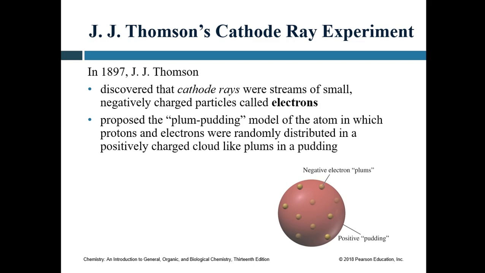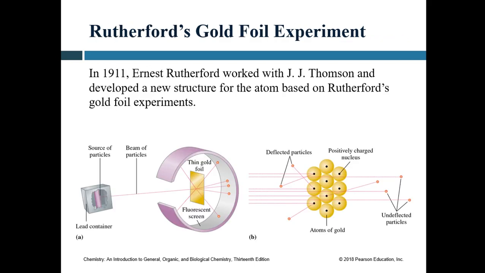We don't want to say that J.J. Thomson's claim to fame was that we all had TVs, but because of the cathode rays, one of the things was TVs. Ernest Rutherford worked with J.J. Thomson and developed a new structure for the atom based on Rutherford's gold foil experiments. They thought, okay, if they shoot this beam of particles at this gold foil, they picked gold so it would be very thick.